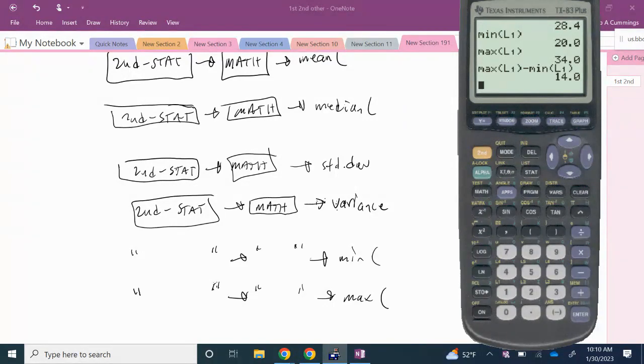To put the data set in order, I hit second list, go to operations. We have sort A, which is ascending, and sort D, which is descending. I'm going to put this in ascending order. It doesn't matter which order, you just want to make sure they're in order somehow.